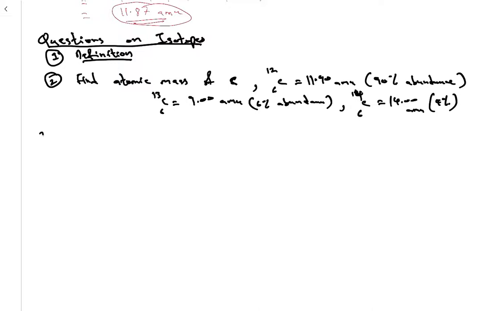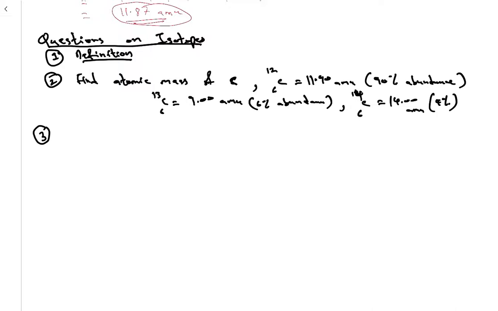The third type of question that is asked, which is interesting, is they may give you the average atomic mass and give you the masses of individual isotopes.